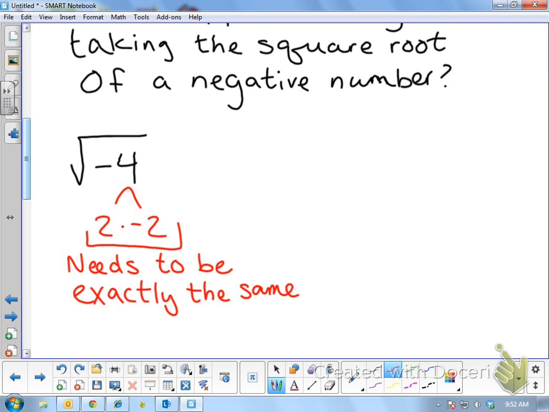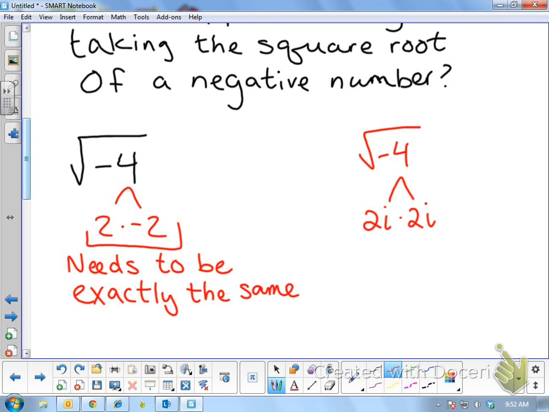They decided to come up with a solution to that by coming up with a new idea, and they call this idea an imaginary number. They said, if we write this as 2i times 2i, i being our imaginary number, which we don't have the definition for yet, so I can't show you why that works for like 2 minutes.